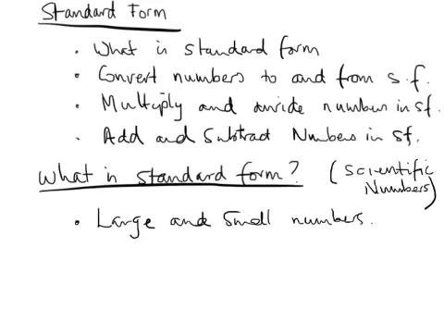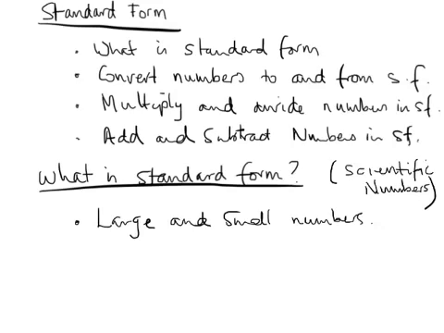In science, for example, if you're looking at biology or chemistry, you're looking at very, very small things, molecules, atoms, and therefore very, very small numbers are used in those type of experiments and things like that. And large numbers, astronomers and people dealing with very, very large numbers will also write numbers in standard form to explain very large distances and things like that.